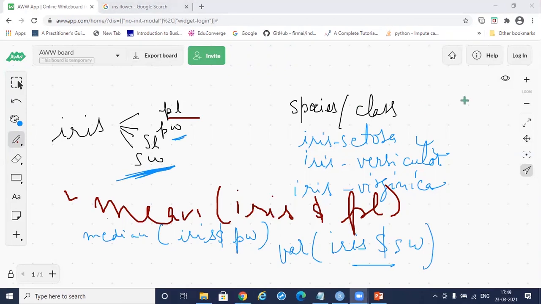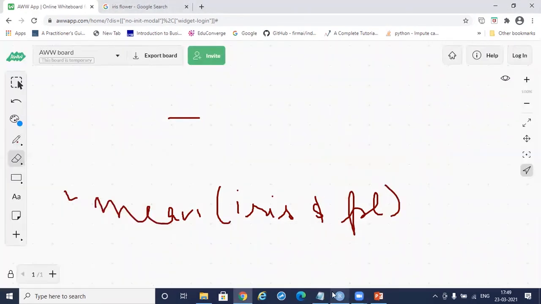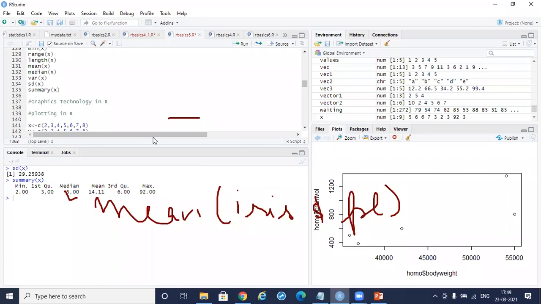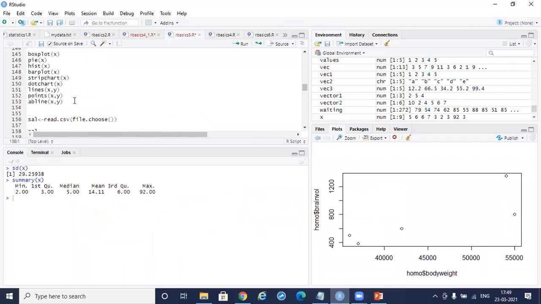Let's check all this now. Suppose I have mtcars.